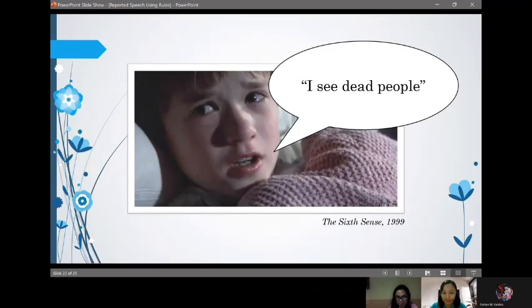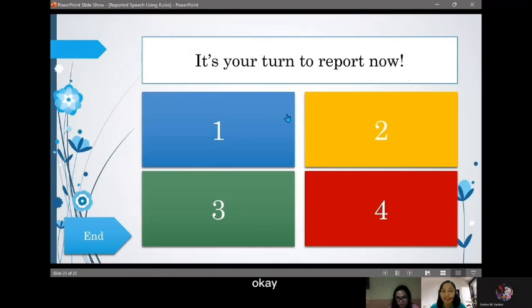Yes, ma'am. So you also shifted the tense of the verb. From see, the present verb see is turned into the past tense, which is saw. Okay. Thank you, Lois. You did well.